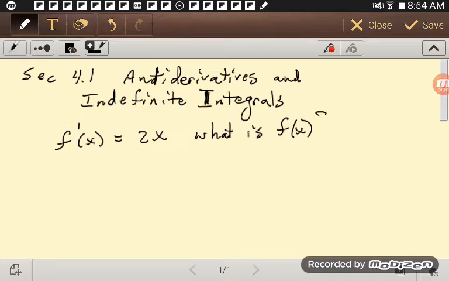If that's the case, then what is f of x?